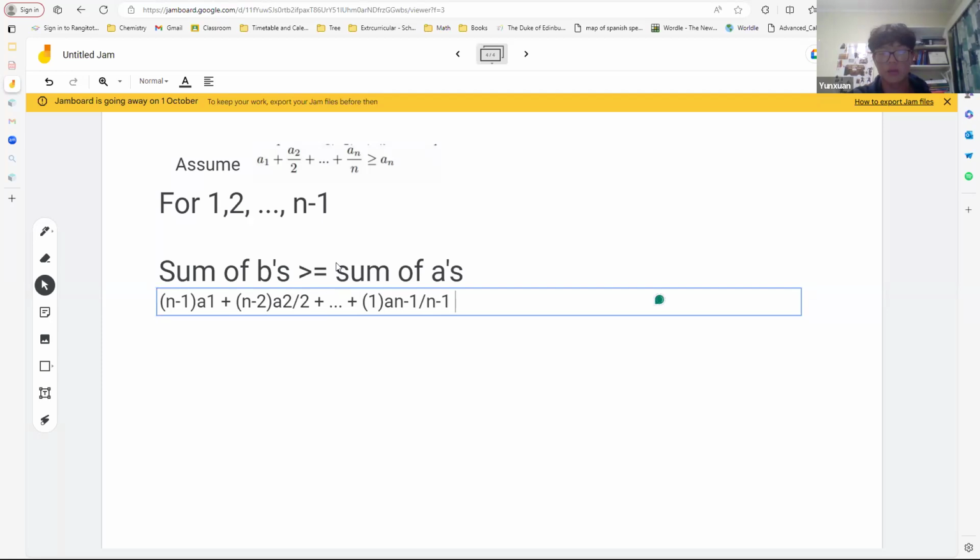It's larger than or equal to the sum of a's, which is just a1 plus a2 plus ... plus an.